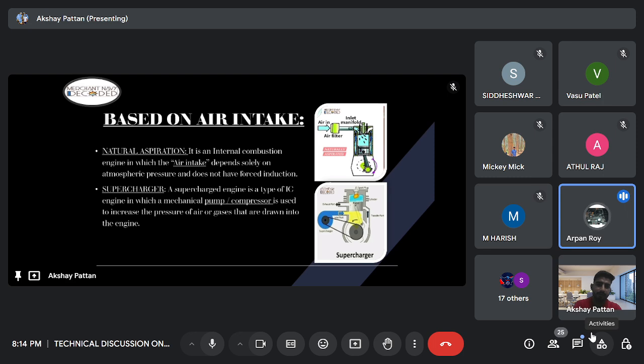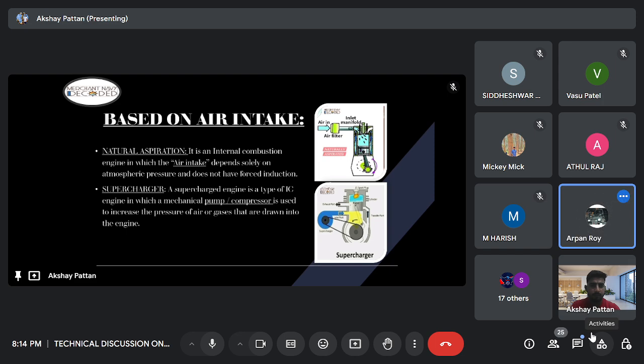Sir, it is of two types. One is natural aspiration, and one is supercharger. In natural aspiration, the cylinder sucks the air in due to the pressure difference between the cylinder and the outside atmospheric pressure. In a turbocharger, we use the exhaust gas.